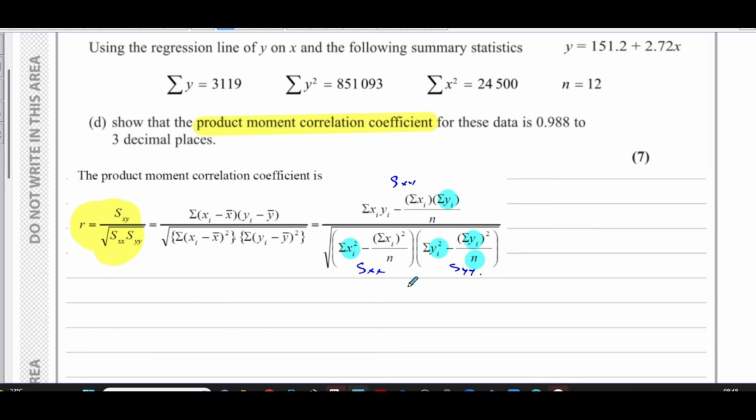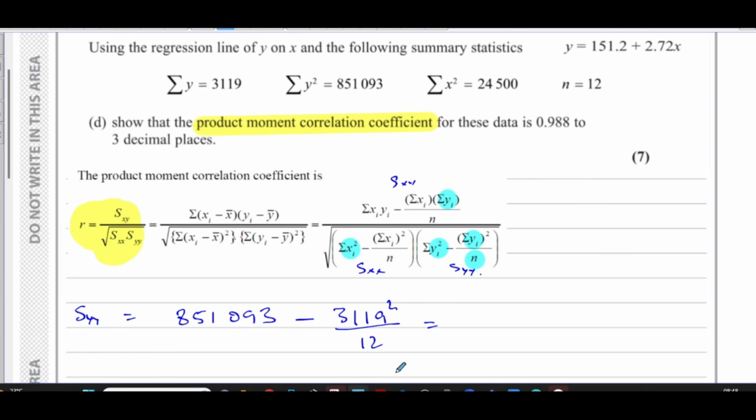So first of all, let's find what SYY is. That's one we can find straight away. For SYY, we have everything we need: the sum of Y squared, which is 851,093, minus the sum of Y then squared, which is the sum of all the Y values and then squared, so 3,119 squared, divided by N, which is 12.